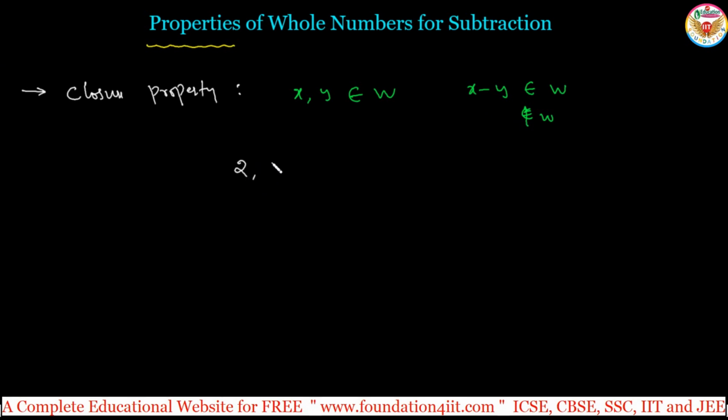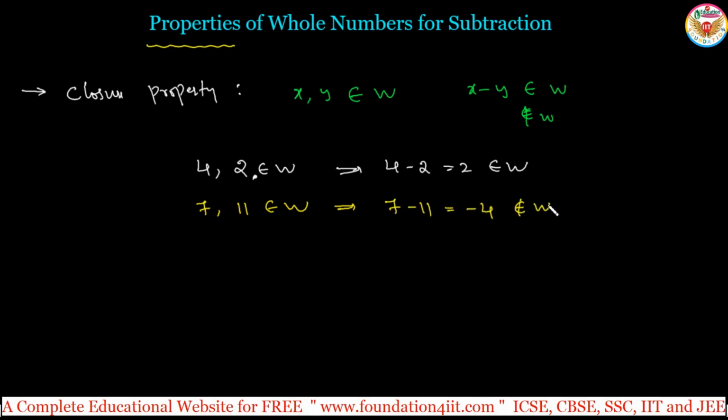We know that 4 and 2 belong to whole numbers. From this, 4 minus 2 is equal to 2. This is also a whole number. Or else 7 and 11 are whole numbers. From this, 7 minus 11 is minus 4, but it does not belong to the whole numbers.